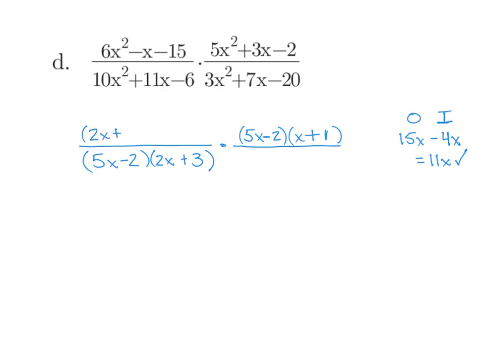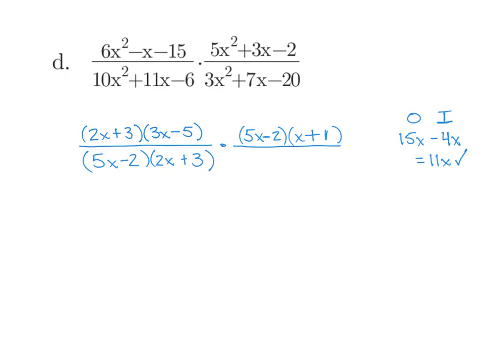I'm just going to go ahead and let my first factor for the numerator be 2x plus 3. So now 6x squared breaks down to 2x and 3x. Negative 15 breaks down to positive 3 times negative 5.